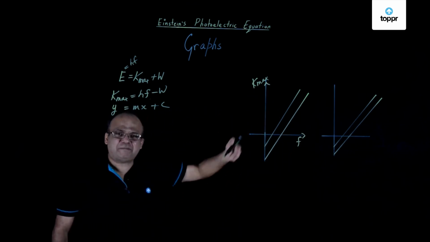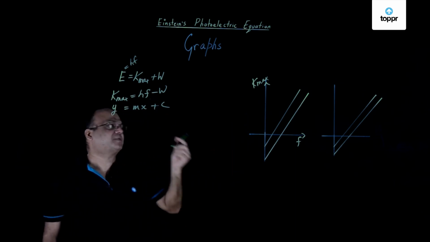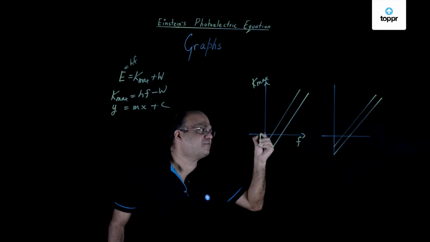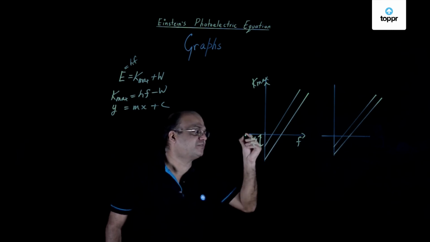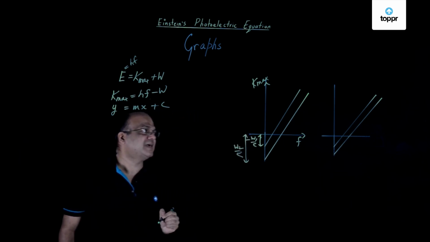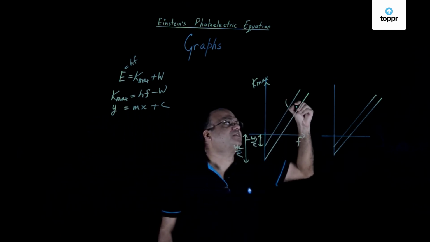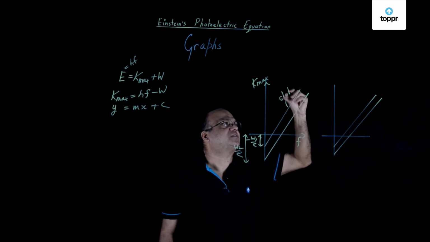So we get a series of parallel lines whose y-intercept is minus of work function. So this is for a different work function. And the slope is equal to Planck's constant. Slope of these two lines is Planck's constant.